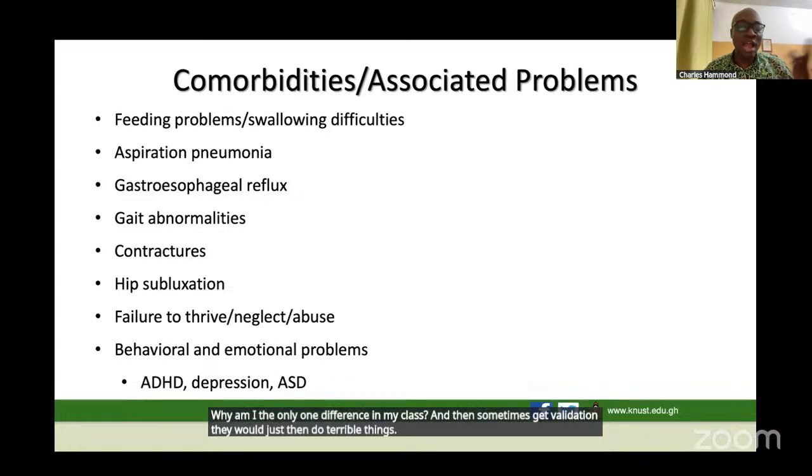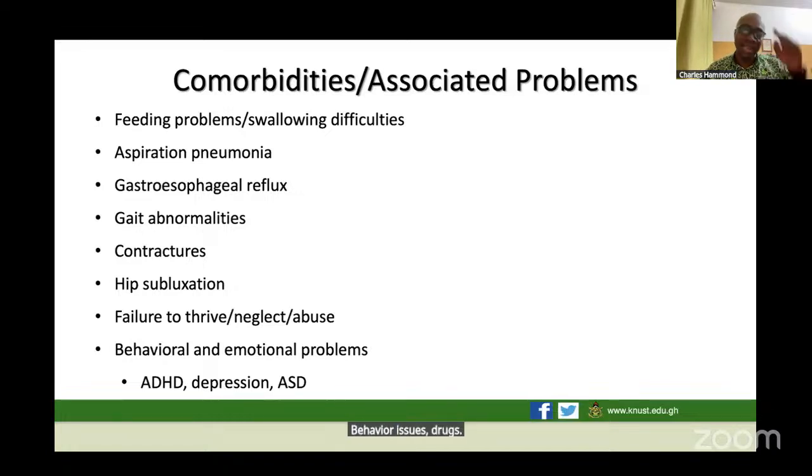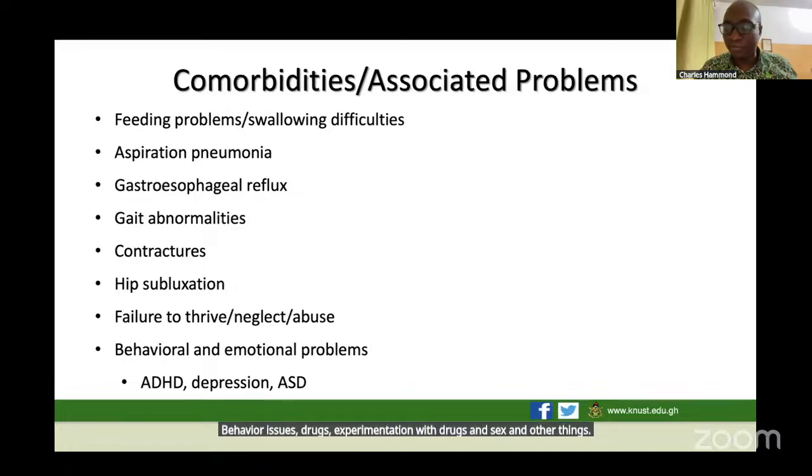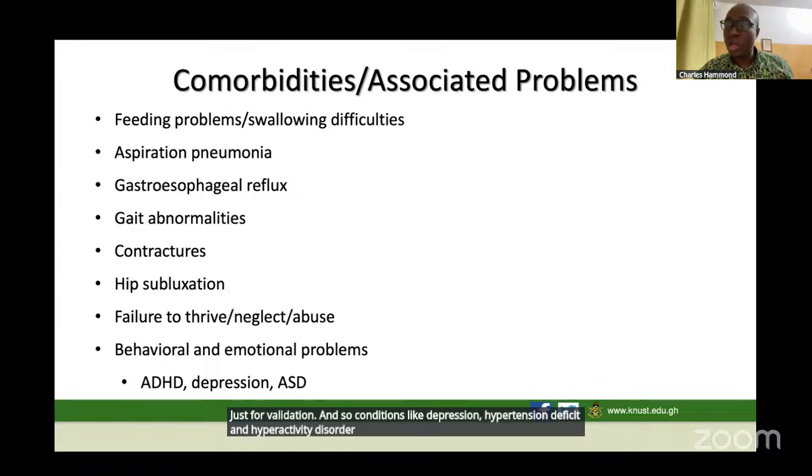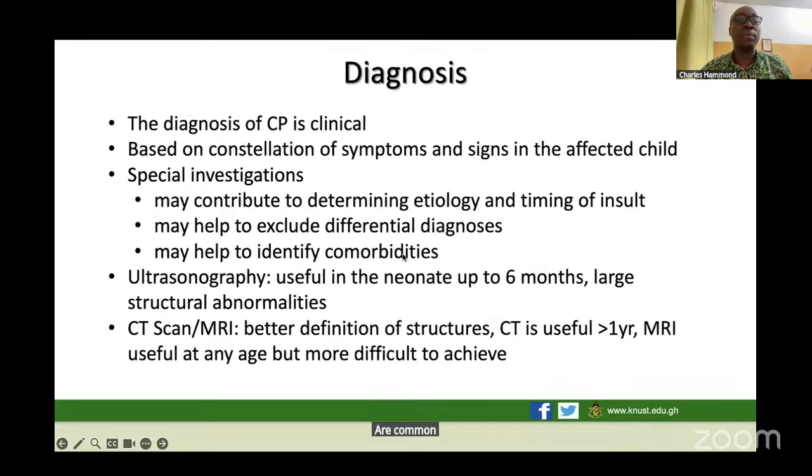Behavior issues, experimentation with drugs and sex and other things, just for validation. And so conditions like depression, attention deficit and hyperactivity disorder, and then sometimes even autism spectrum disorder are common in patients with cerebral palsy.